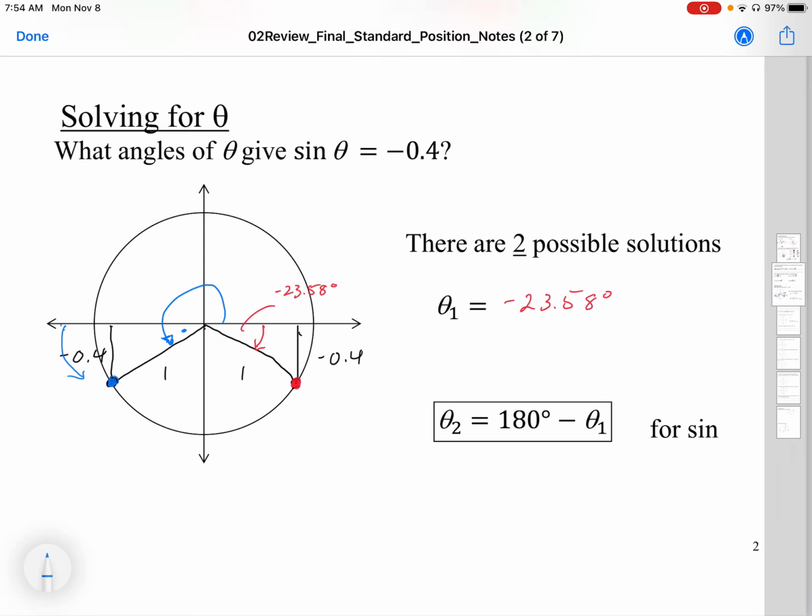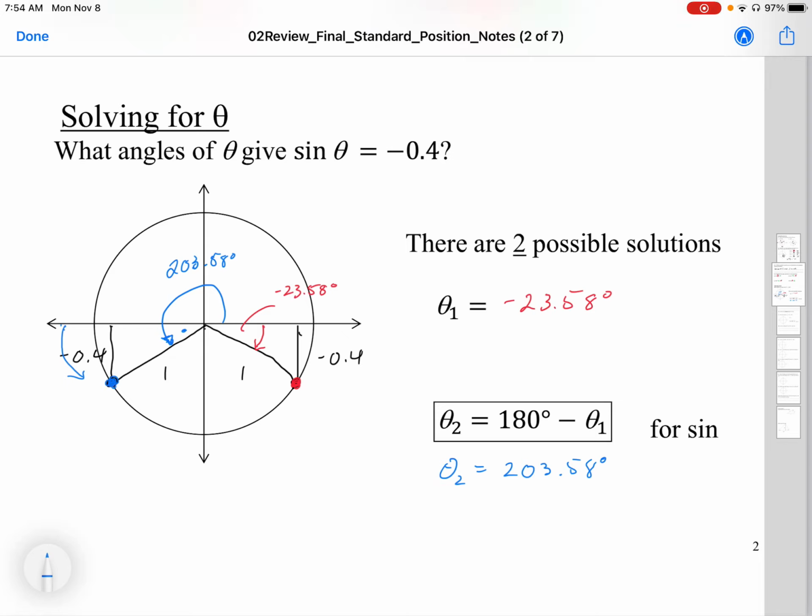So that angle then works out to be theta 2 is going to be 203.58 degrees, and that's going to locate the position in quadrant 3.